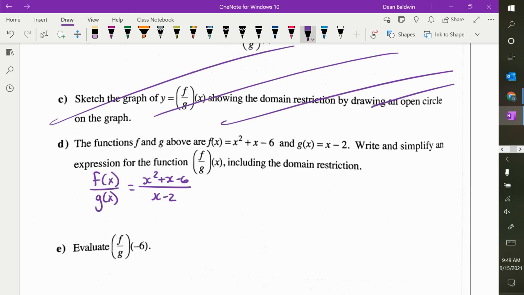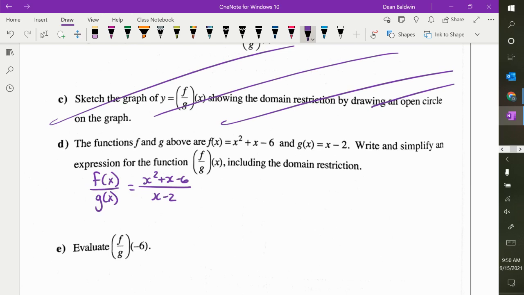When do you have domain restrictions? When you have x in the denominator. Now we have x's in the denominator. When you do division, you're going to have domain restrictions. So, what number are you not allowed to divide by? 0. What makes the denominator 0? 2. So in grade 11, we called them NPVs, non-permissible values.